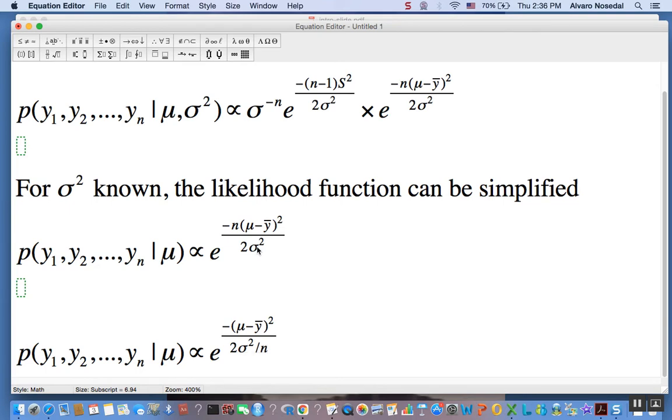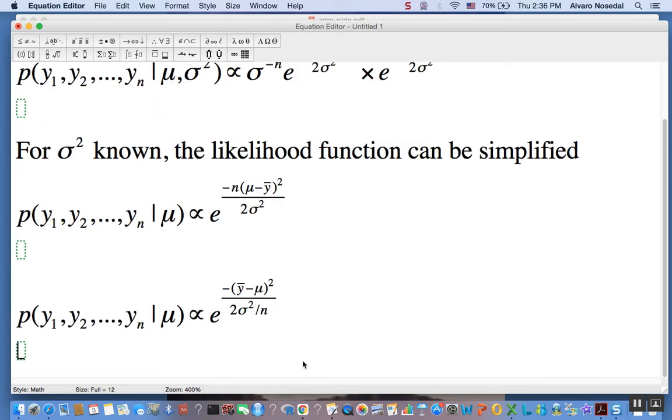You agree? Something more: mu minus y bar squared is the same as y bar minus mu squared, so these two expressions are the same.